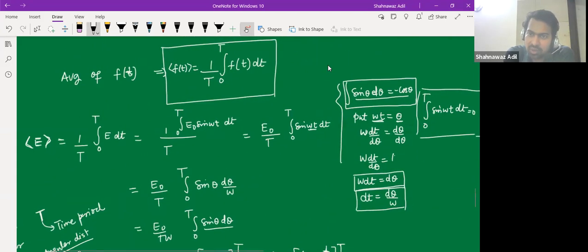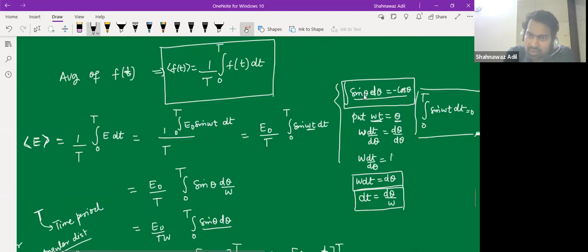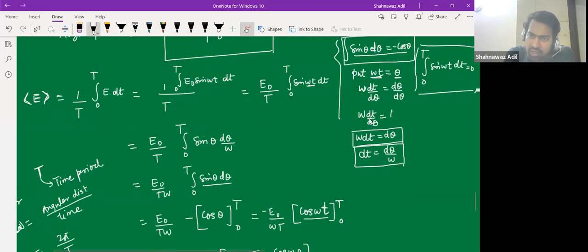We know the integral of sine theta d theta. So we changed this integral by putting omega t equal to theta, right? Then we have to find out what is this dt. So we differentiated both the terms and we got dt equal to d theta by omega.